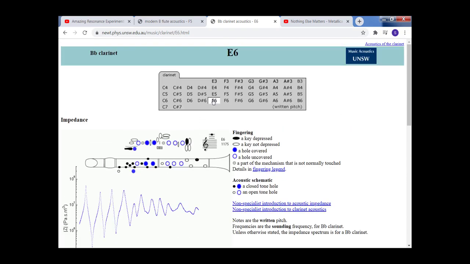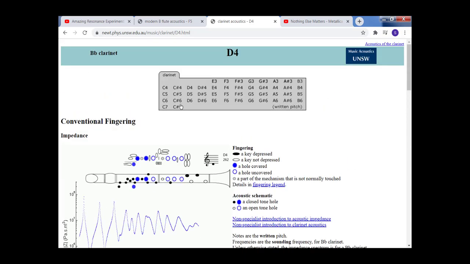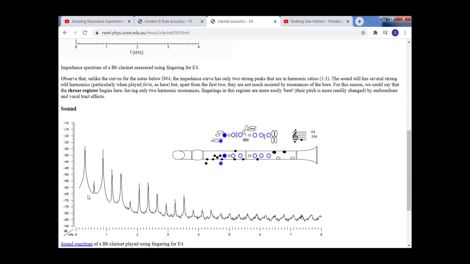But if you look at lower frequencies, say D4, you do see all harmonics, but see how the second is much smaller than the first and the third, and the fourth is much smaller than the third and the fifth. So the odd-only harmonic structure is not there, but you can kind of see how it is present. Similarly with E4, you can see that the second is very repressed compared to the first and third harmonics.